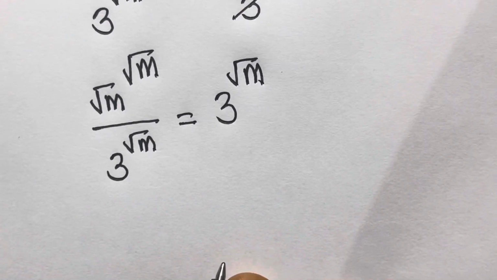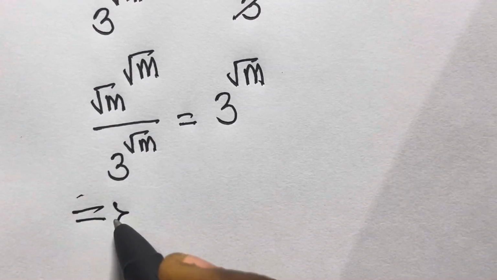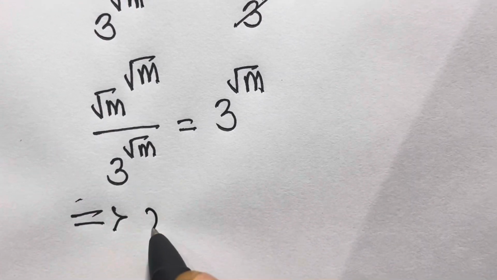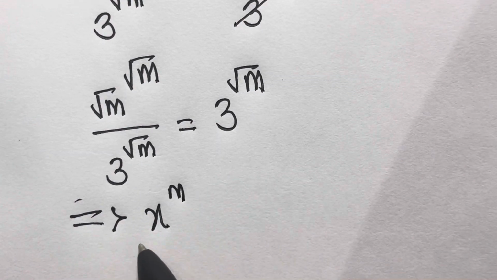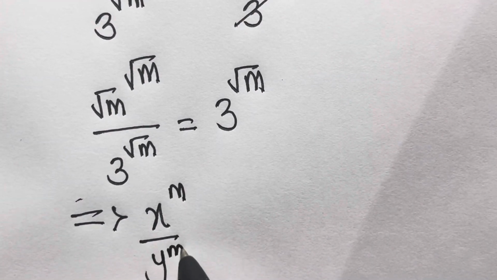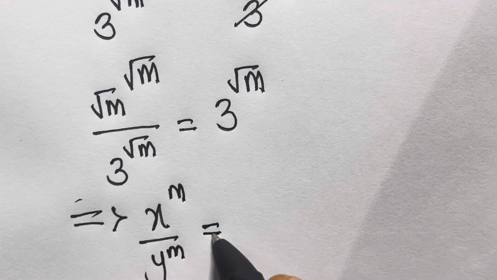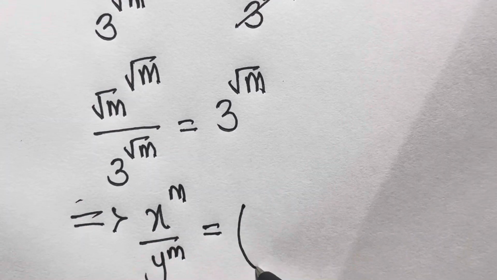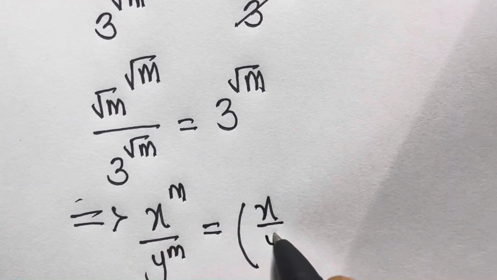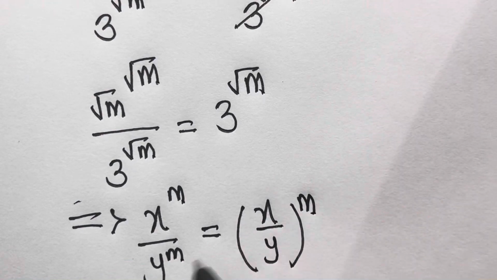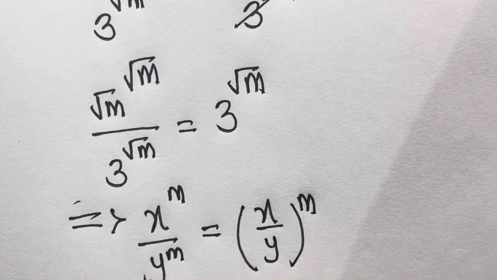But let's look at something here. If we have x raised to power m divided by y raised to power m, from the law of indices, this equals x divided by y, all raised to power m, so that they have the same powers.